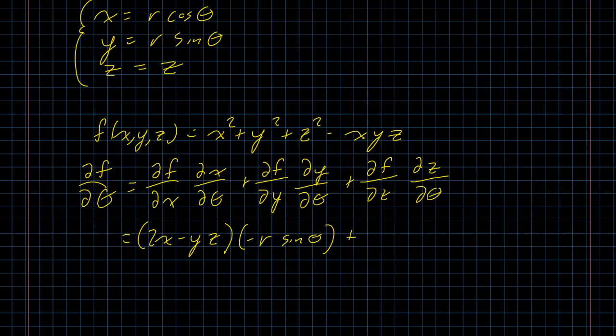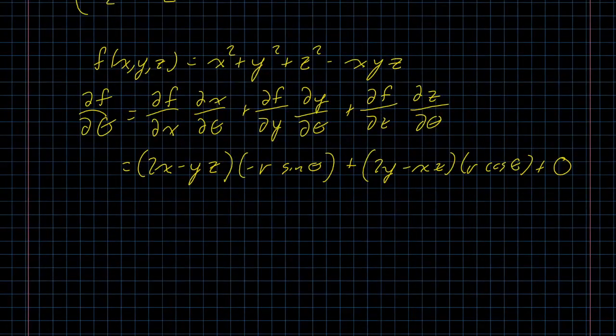Partial of f with respect to y is going to be 2y minus xz, and the partial of y with respect to theta is going to be r times the cosine of theta. And then we can find the partial of f with respect to z, but notice that z itself does not depend on theta, so the partial of z with respect to theta is 0. That term goes away.